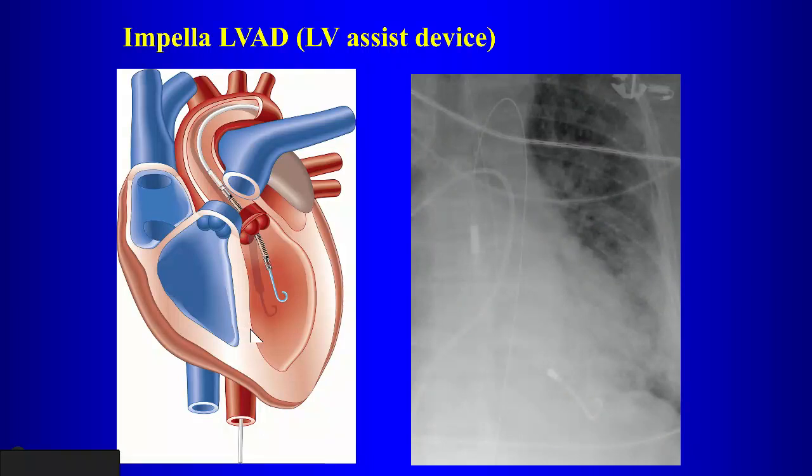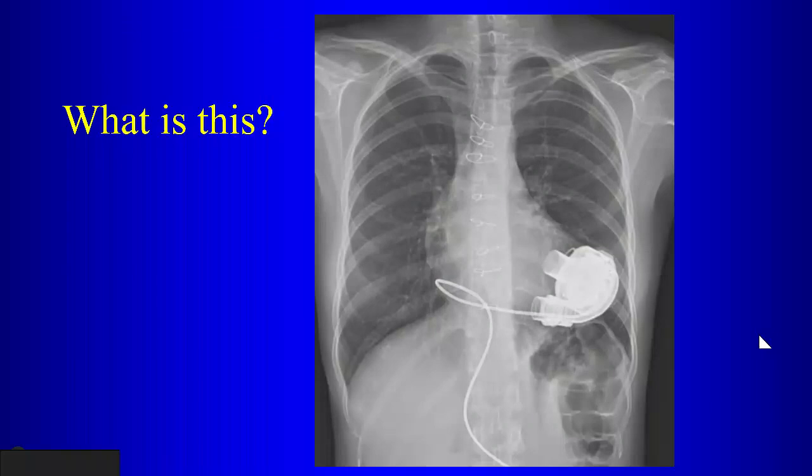It's placed like an LVAD. We're going to talk about LVADs in a second, but these are more temporary, kind of like intra-aortic balloon pumps. So for this left ventricular assist device, an Impella, this part goes in the left ventricle, sucks the blood out, and deposits it in the ascending aorta above the aortic valve. Okay?